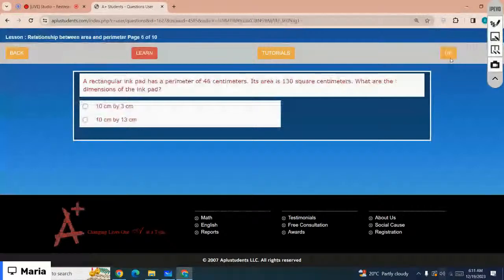Okay, the next one is a rectangular ink pad has a perimeter of 46 centimeters. Its area is 130 square centimeters. What are the dimensions of the ink pad?